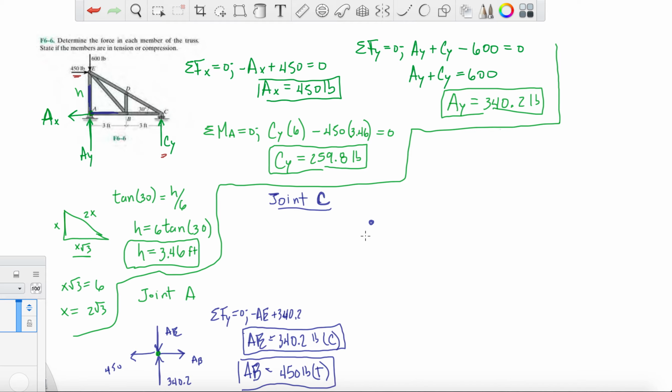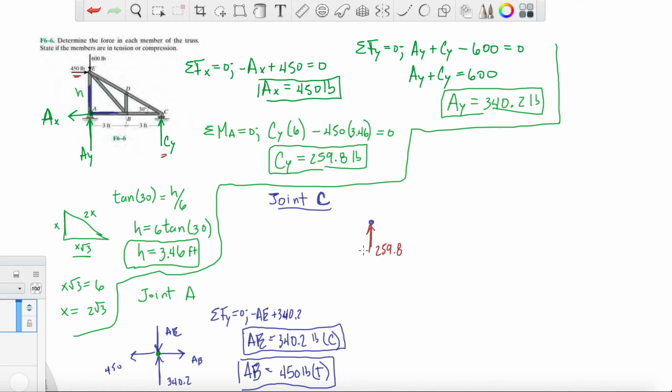Let's go with some maroon, Aggie colors. So we have CY. Actually, let's put the value here. CY was 259.8. We have 259.8 pushing, going up on C.